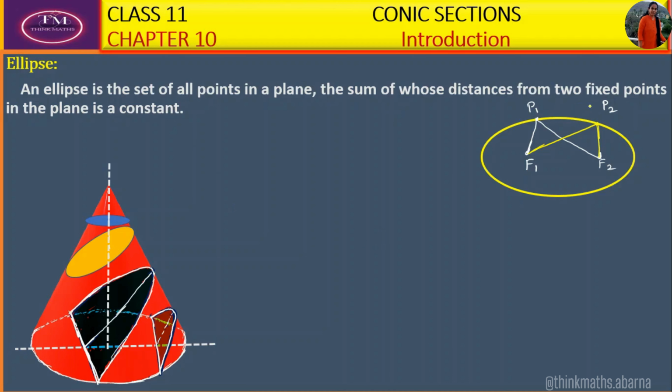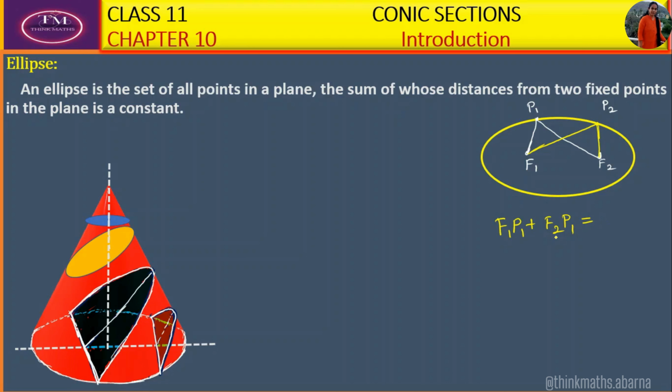So these P1, P2 are the set of all points in a plane. The sum of whose distances from two fixed points. So sum of the distances. That is, take the white line F1 P1 plus F2 P1. Okay. So the sum of whose distances from two fixed points in a plane is constant.